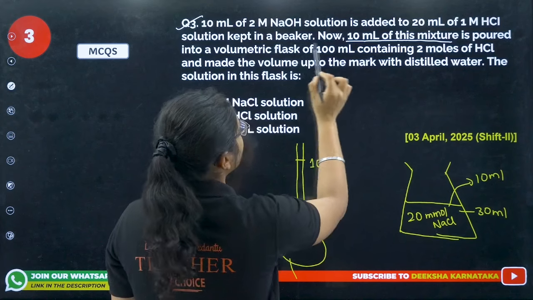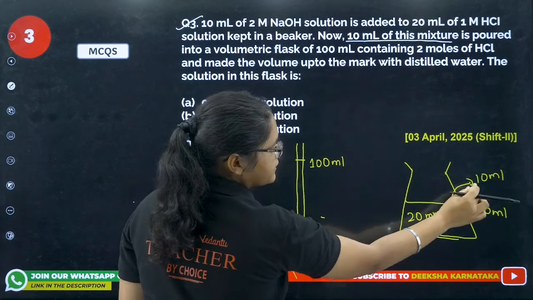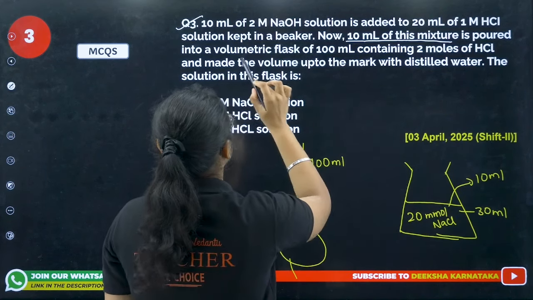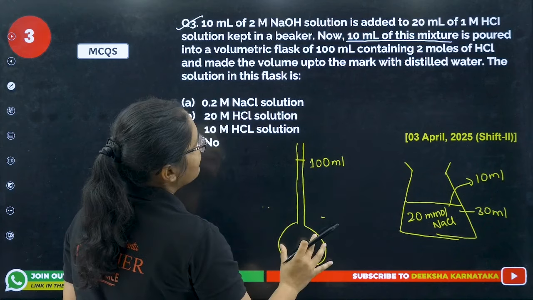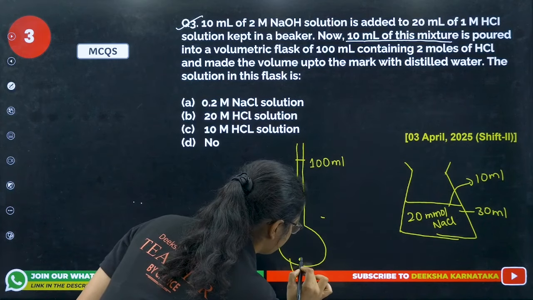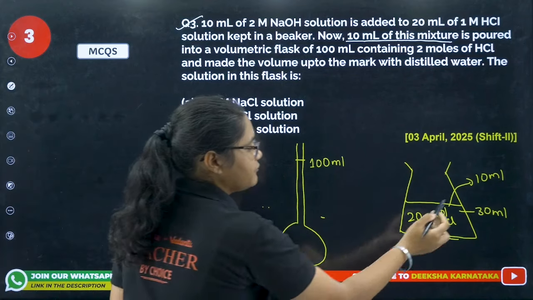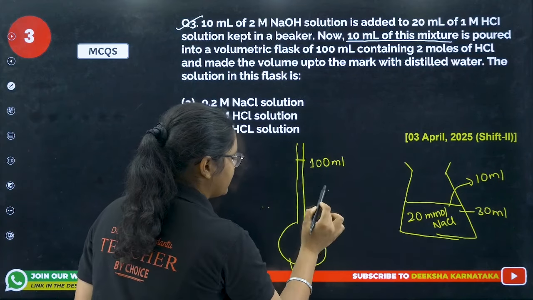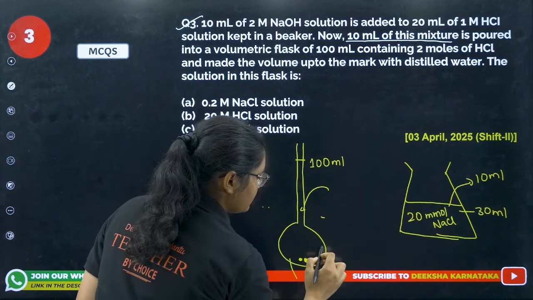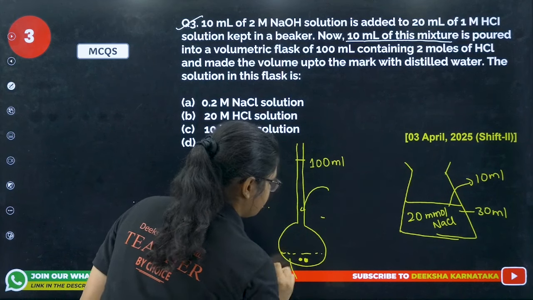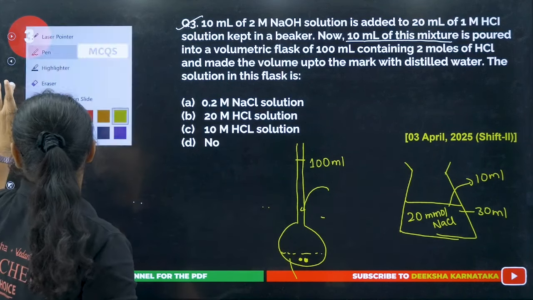10 ml of this solution is poured into a volumetric flask of 100 ml containing 2 moles of HCl. So there are 2 moles of HCl here, and you have taken 10 ml of this solution and added it here. Clear? Now what happens?